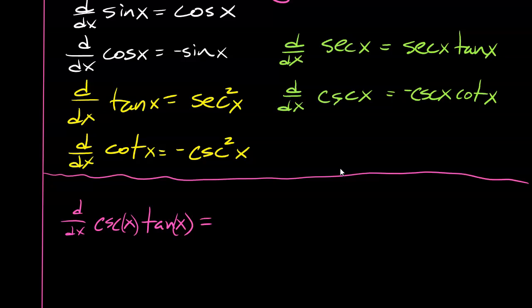The product rule is going to be the first item times the derivative of the second, which in this case, the derivative of tangent is secant squared, plus the second times the derivative of the first. So the derivative of cosecant is negative cosecant cotan.